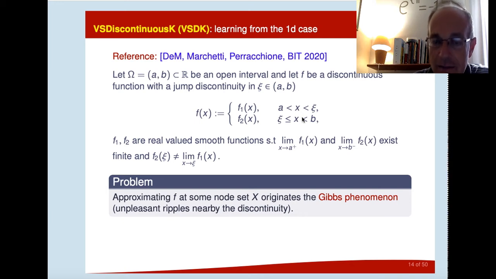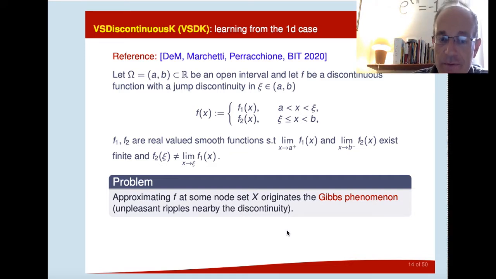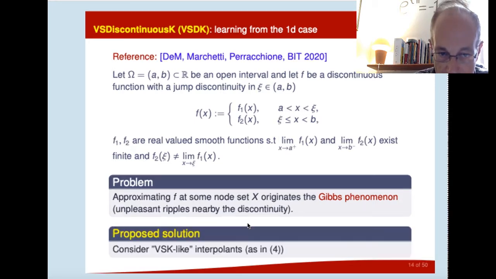So we can make it continuous using the usual limit. Obviously, when we approximate a function of this type, this originates the so-called Gibbs phenomenon, that is unpleasant ripples nearby the discontinuity. This is exactly what happens when you have a function with discontinuity.